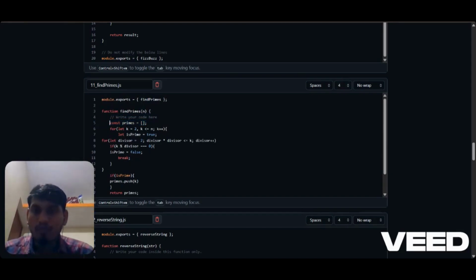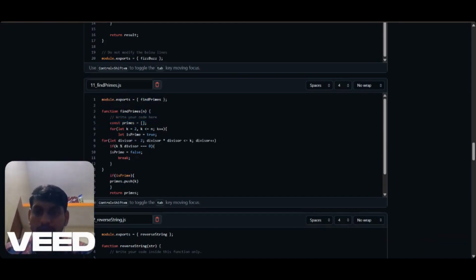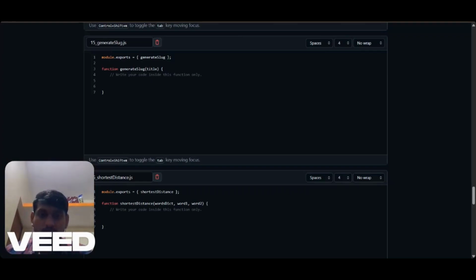The fourth problem is generate slug. Here, the approach is to convert the input string to lower case. After that, replace the spaces with hyphens, remove the unwanted characters, and finally append the domain at the end.